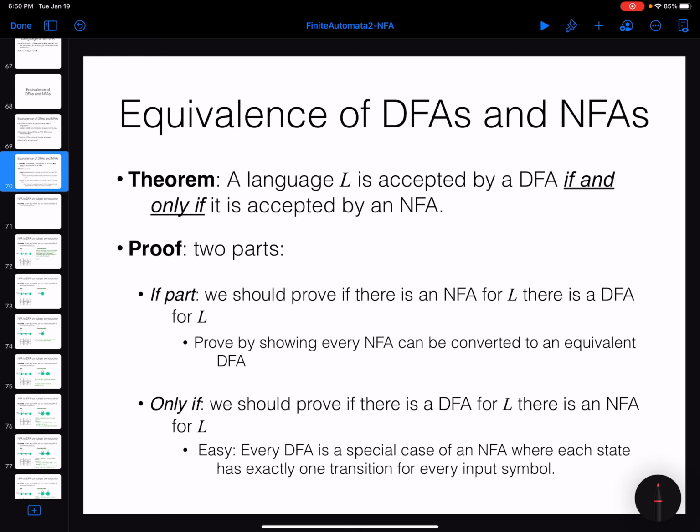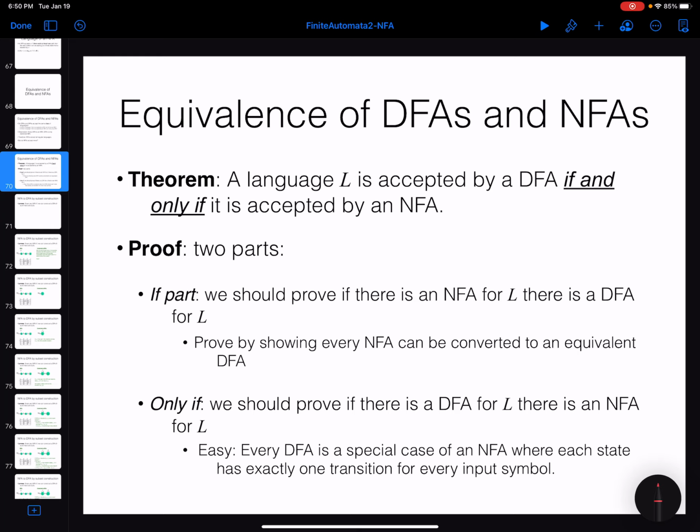The only if part is easy to prove, basically because every DFA is an NFA. If you follow the definition of a DFA, every DFA is a valid NFA, but not vice versa. Not all NFAs are DFAs.